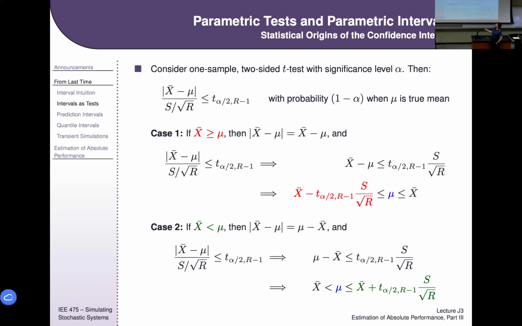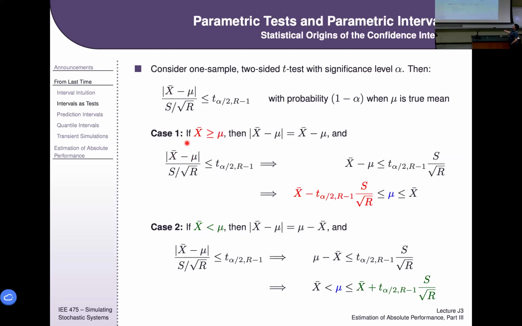If we take this expression, this t-test, and we break it up into the two cases having to do with whether the numerator inside the absolute value is negative or positive, in other words, whether you're less than the hypothetical mean or greater than the hypothetical mean, then we get the confidence interval formula out. So you start with this under the assumption that X is greater than the mean.